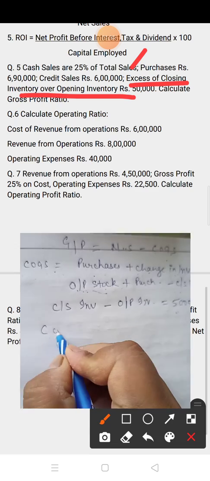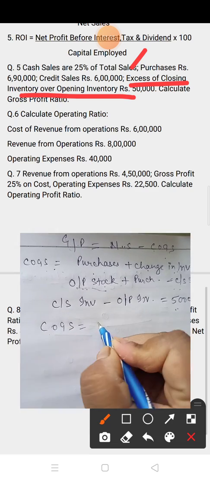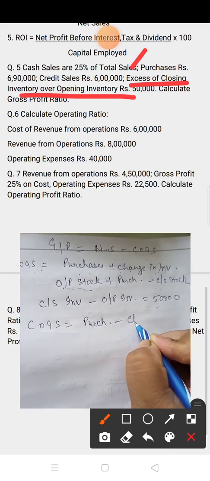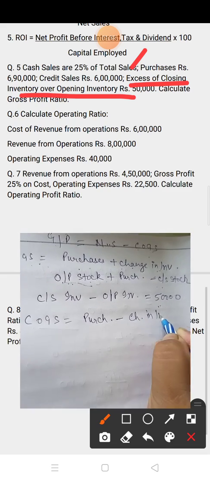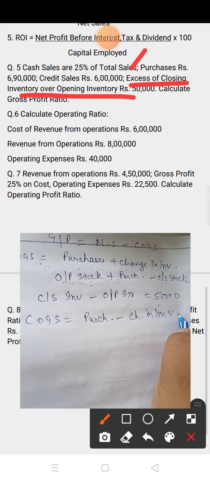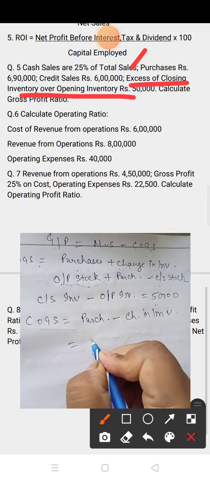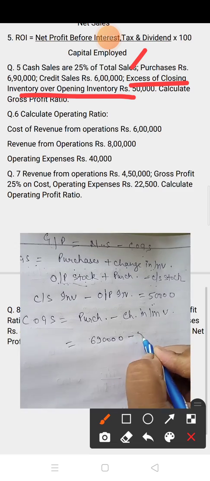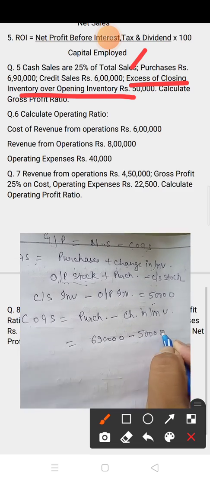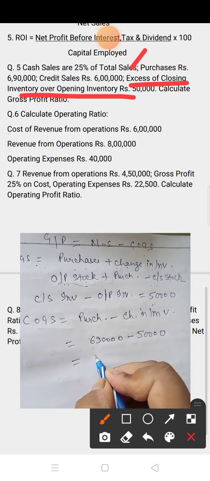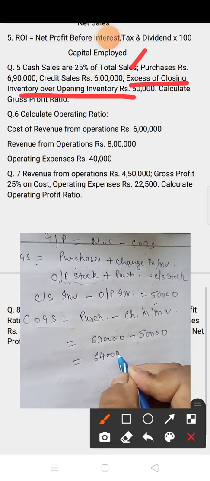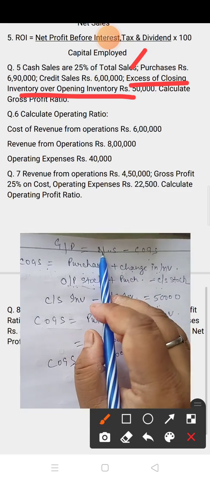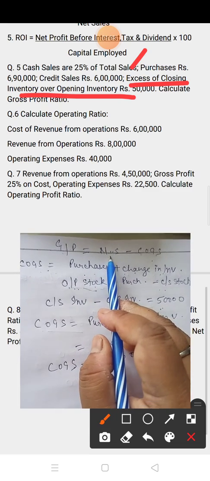Now for calculation of COGS, you can take purchases minus change in inventories. So purchases value is 6,90,000. Change in inventory minus 50,000. It is equal to 6,40,000. This is COGS.